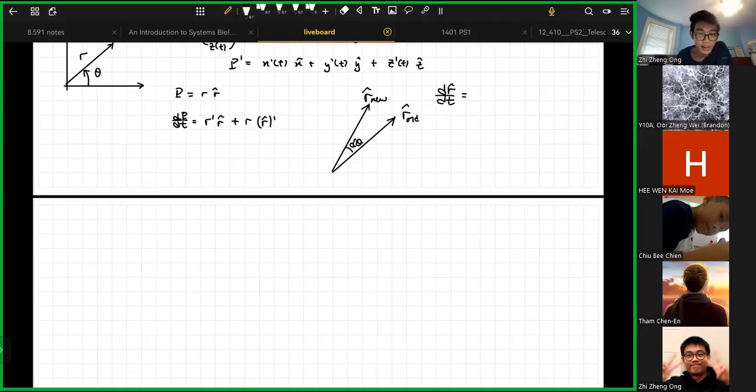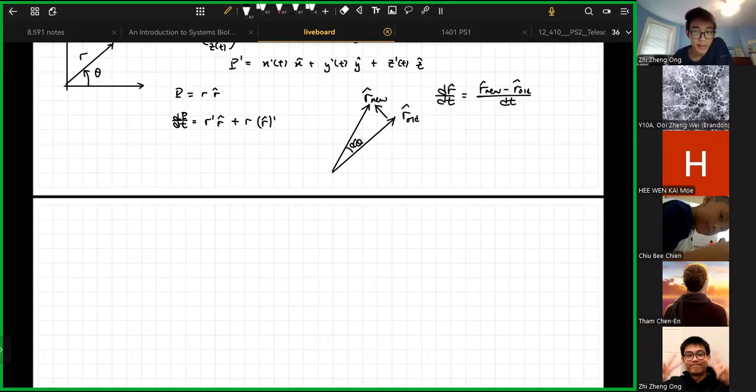Let's remind ourselves what the definition of a derivative is. The derivative is the difference between the new one minus the old one, divided by the change in time. So what is this new minus old? It's just this vector, and then you realize that, oh wow, that's just theta hat, right? That vector points in the direction of theta hat.